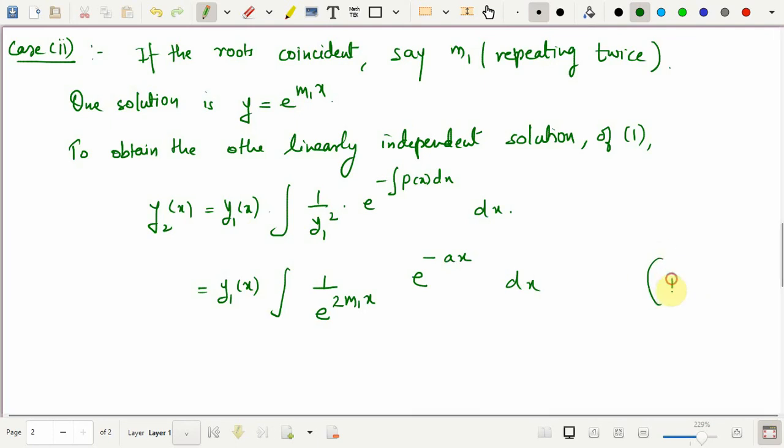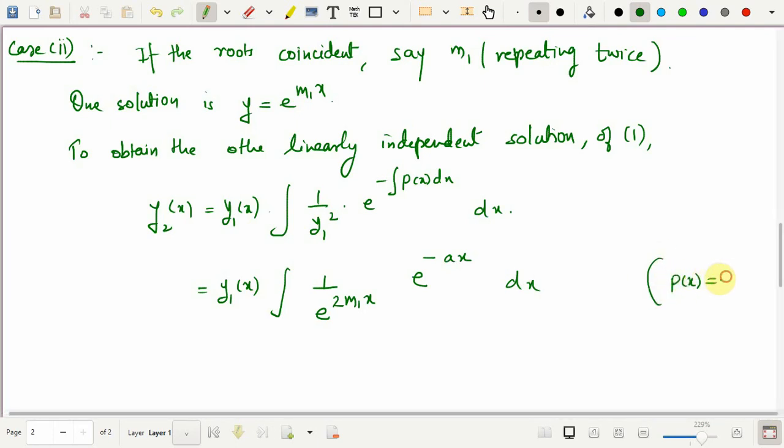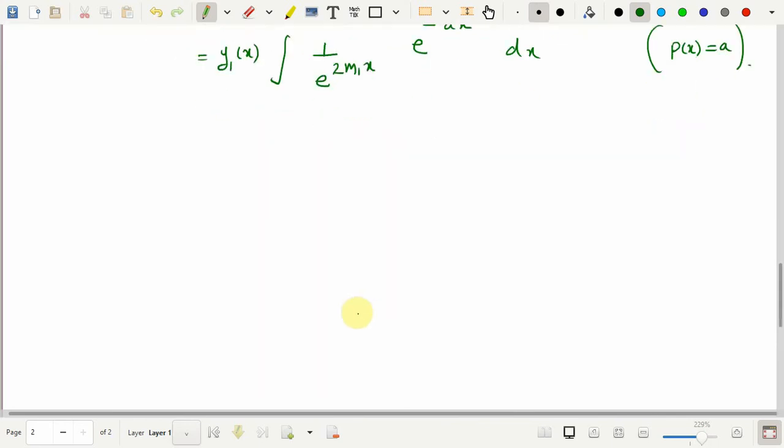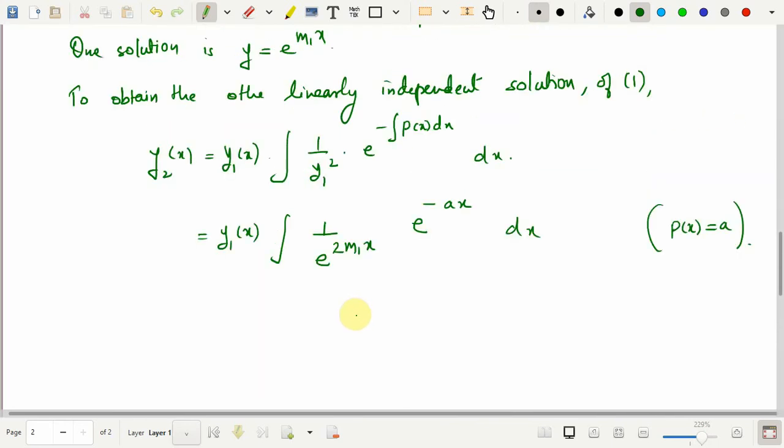The reason here is p of x is equal to a. Fine. So this is the integral that we are looking for. But when we have a repeated root, we can evaluate this a. I'll call this star.